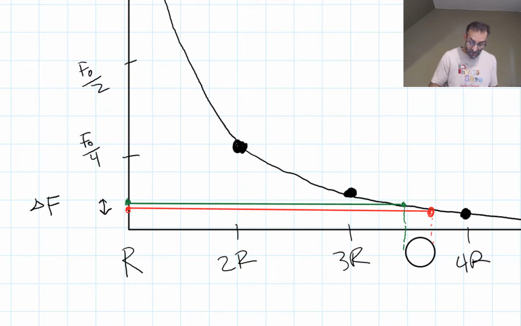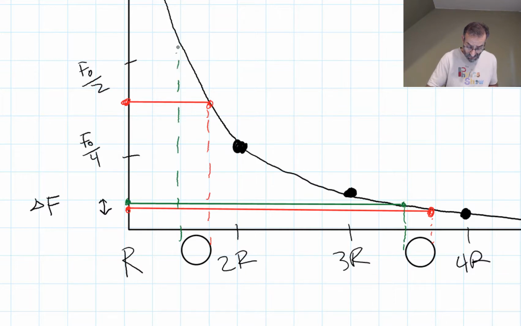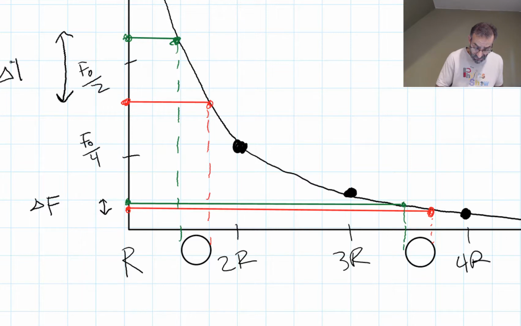But if the Earth was much closer to this object, maybe the Earth is over here, and one side of the Earth feels a force that's this amount, and the other side of the Earth feels a force that's this amount, then you can see that we have a delta F from one side of the Earth to the other.